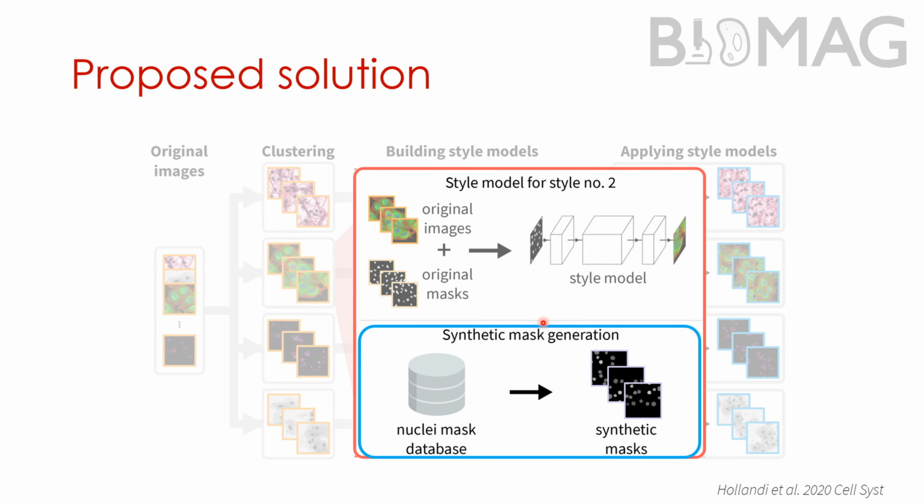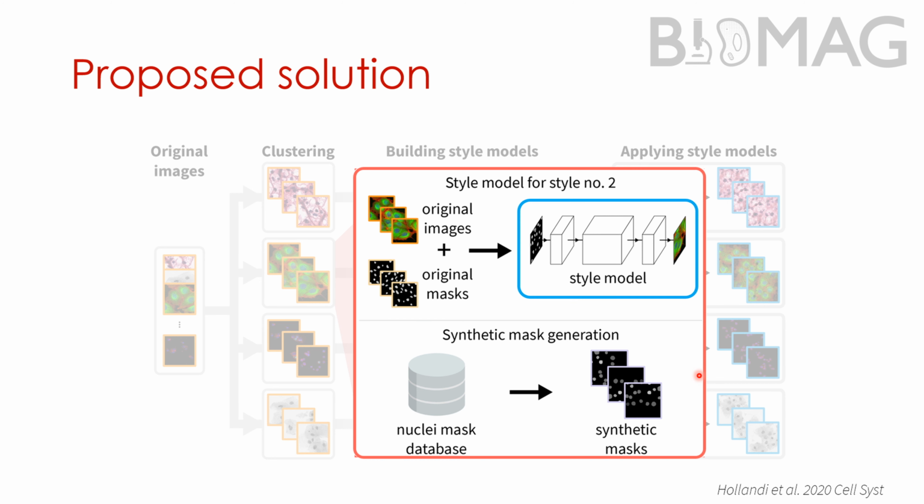And simultaneously to this, we also generate synthetic masks, for which we use our previously assembled nucleus mask database, and select such individual nucleus masks that resemble the morphology of the original images, and place them in such a fashion that the spatial distribution and size of the objects follow that of the original images, and create such synthetic masks.